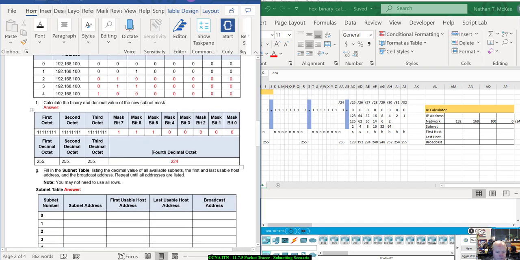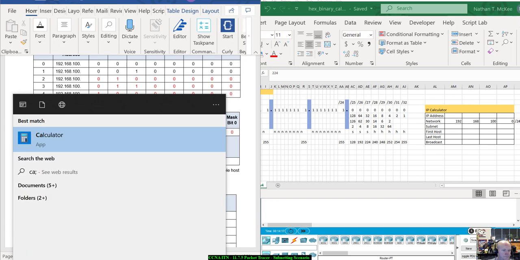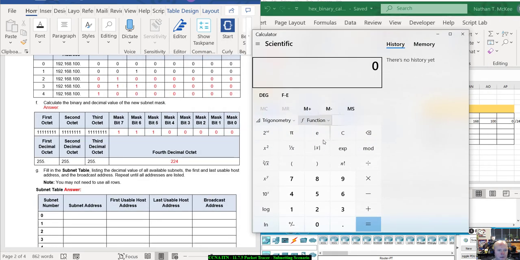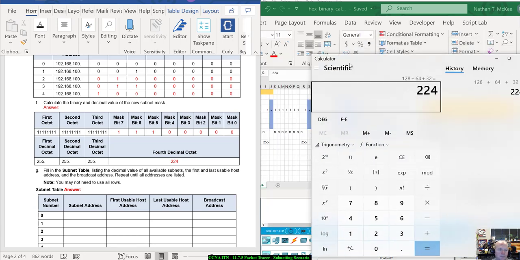I'm sure that's right, but I just want to add it up: 128 plus 64 plus 32 is 224. Yep.